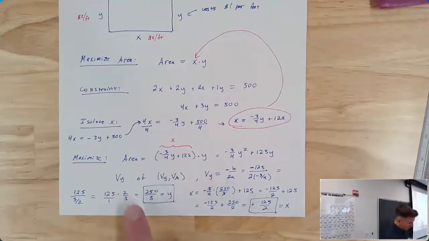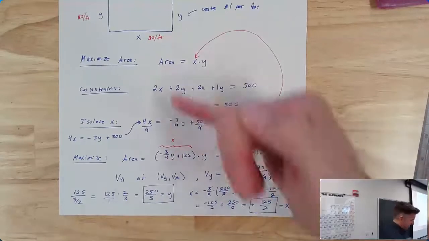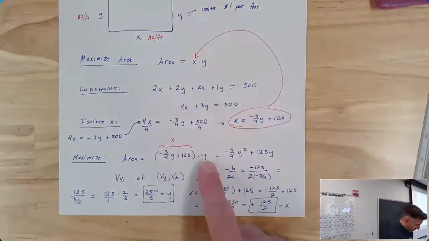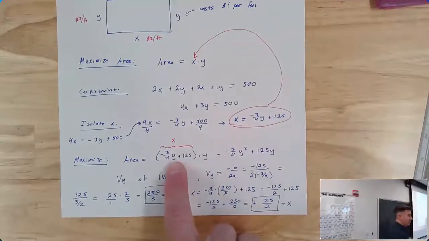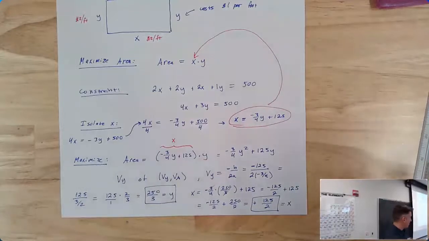So if I plug back in Y to get the area, I'm just going to end up with, not surprisingly, X times Y: 250 thirds times 125 halves. That's what the maximum area would be if they asked me to find it. But again, I don't want you to do more work than you're being asked to do. So don't find the maximum area if you're not being asked to find it.